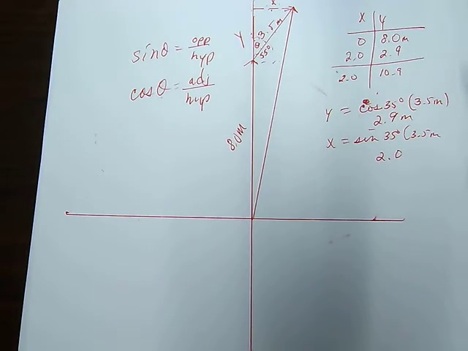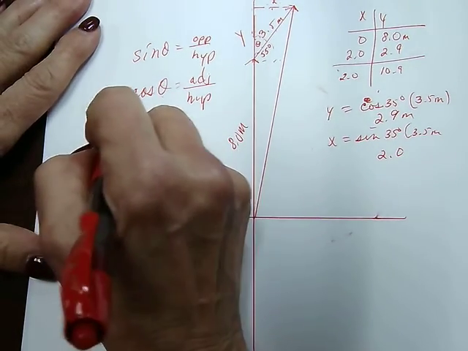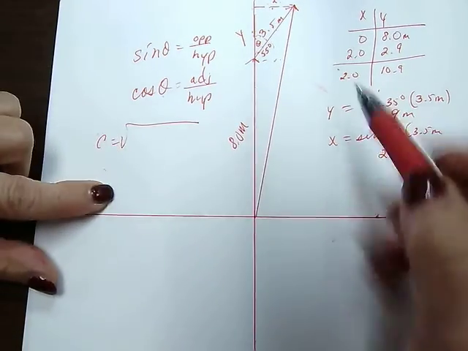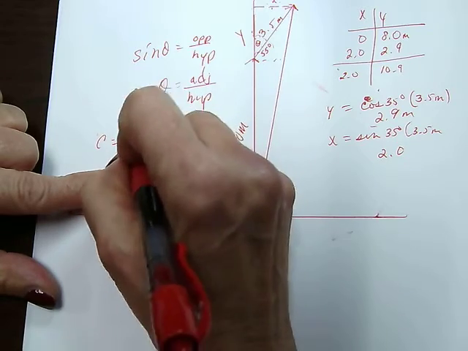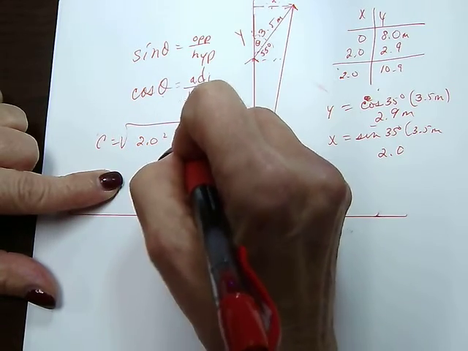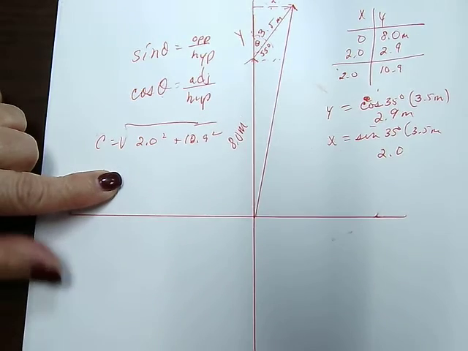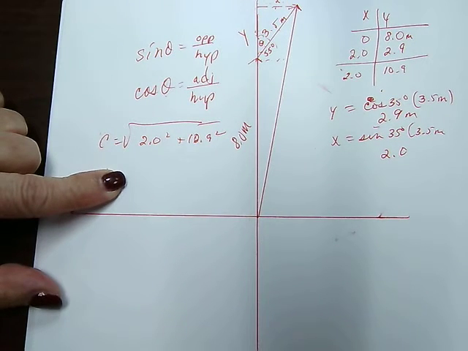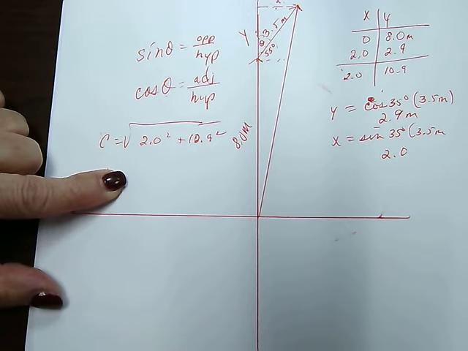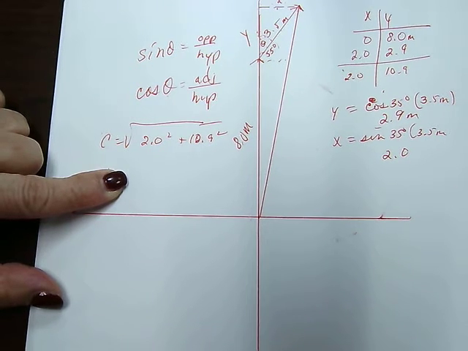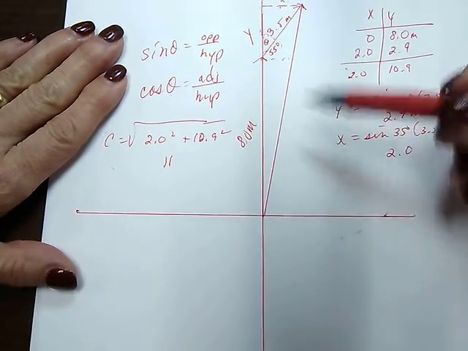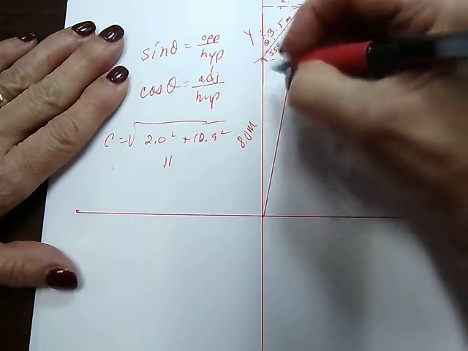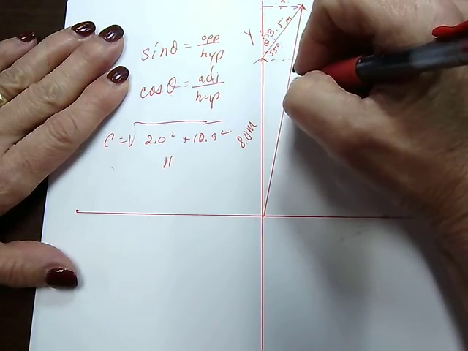So now I use the Pythagorean theorem: the square root of 2 squared plus 10.9 squared. Then take the square root of it, and I get 11. So that means this right here is 11 meters.